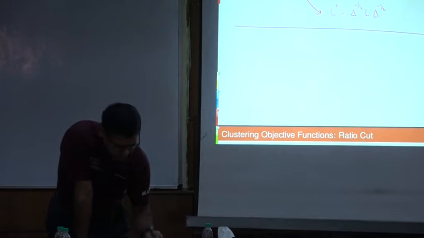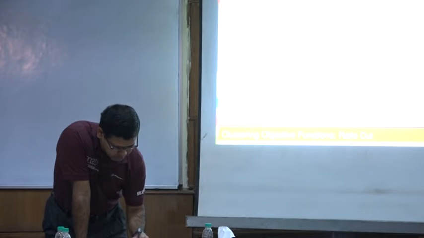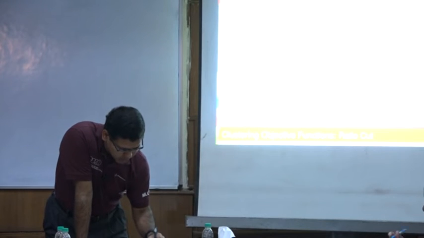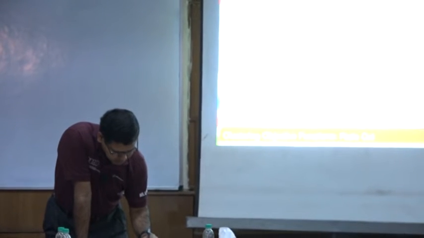Supposing you say you want to minimize the ratio cut. So you say Ci has to be binary, and now you want to minimize Ci transpose L Ci divided by the magnitude of Ci squared.